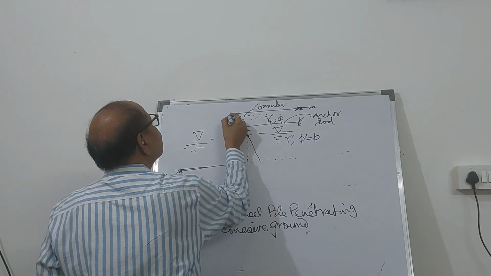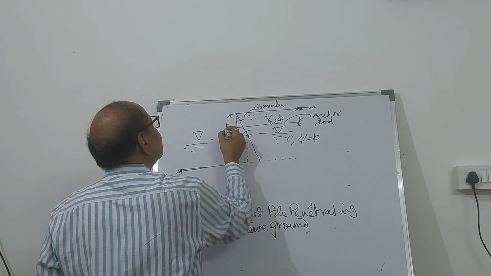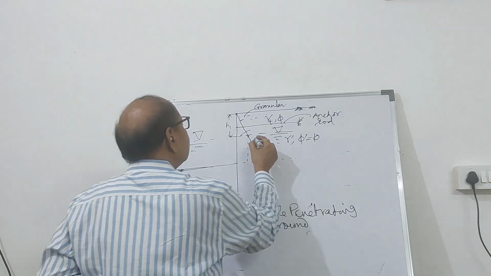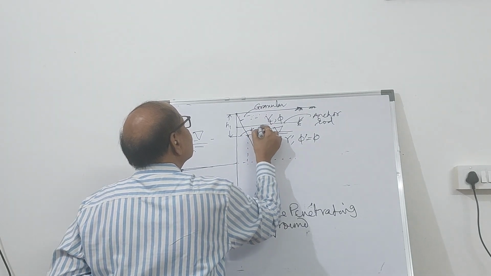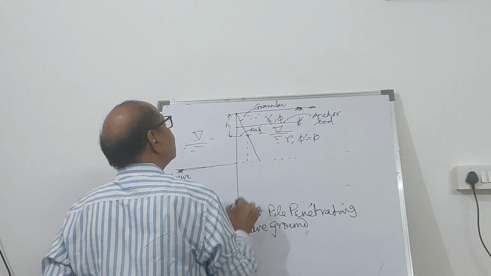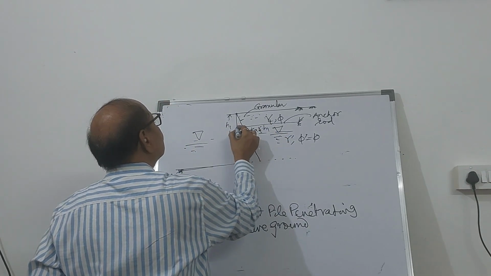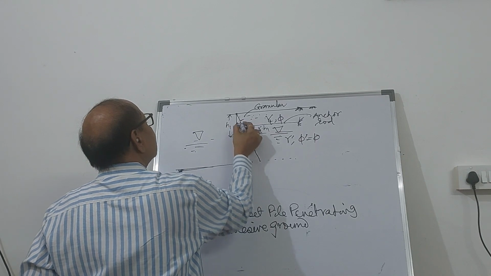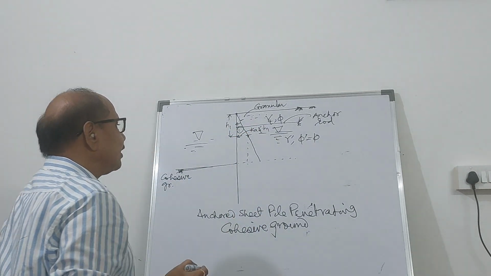Let's say this height is H1. Above the water table it is K times gamma total into H1. That's the pressure. So the pressure here is going to be K gamma T into H1.